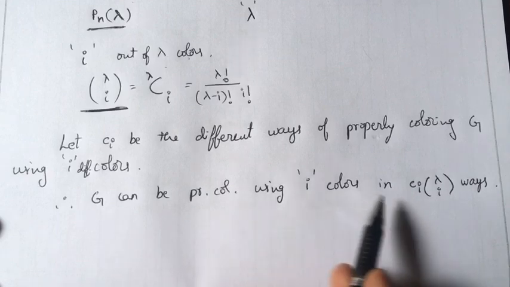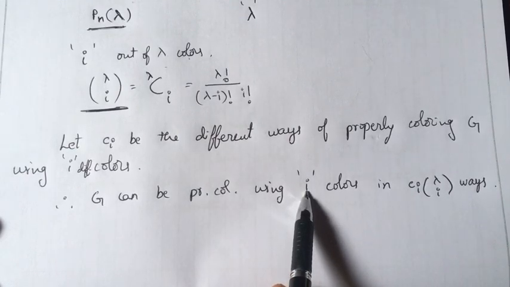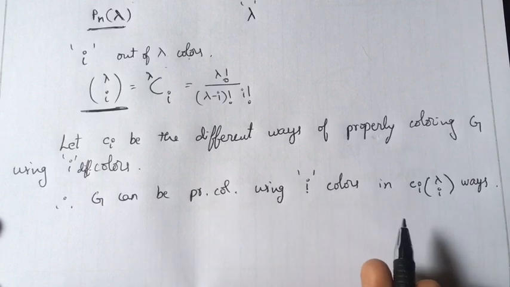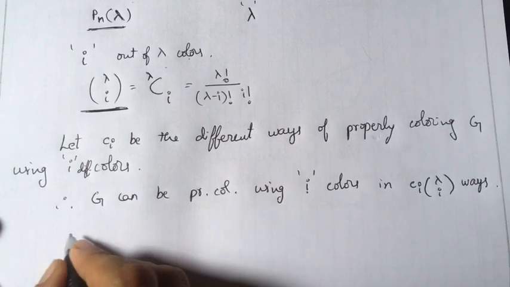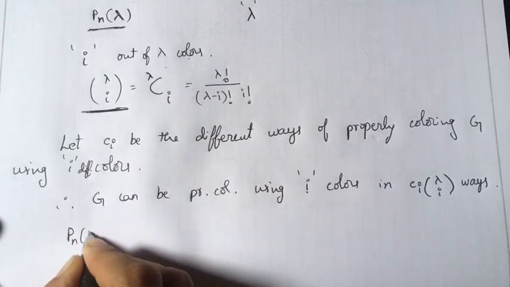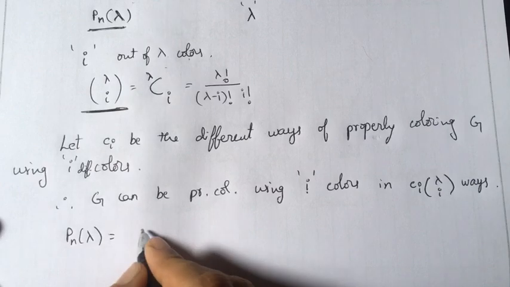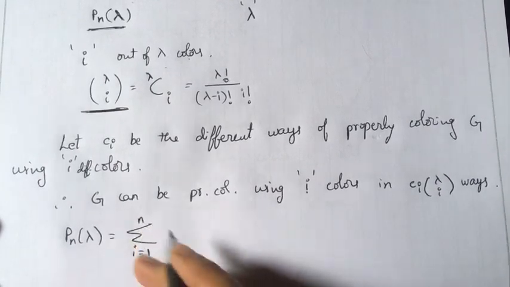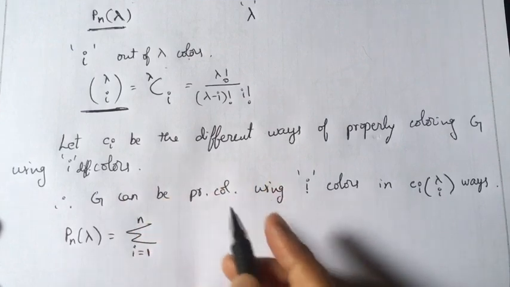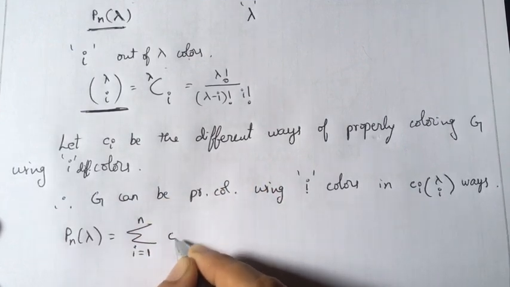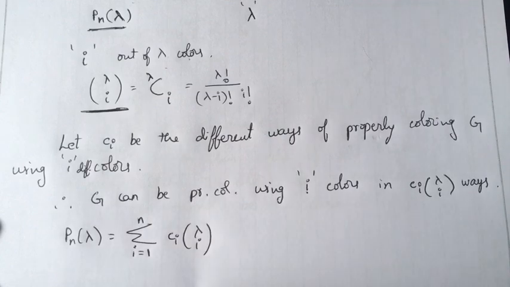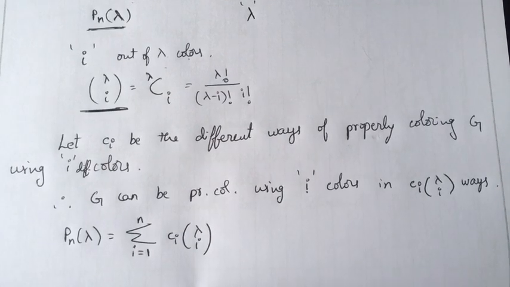Since i can be any positive integer which varies from 1 to n, therefore I can write Pn of lambda as the summation, i ranging from 1 to n, where n is the number of vertices in the graph G, of Ci into lambda C i.